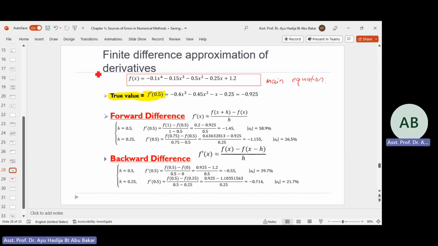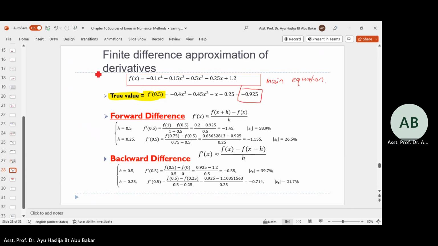In the calculator. Okay, so this is the true value.